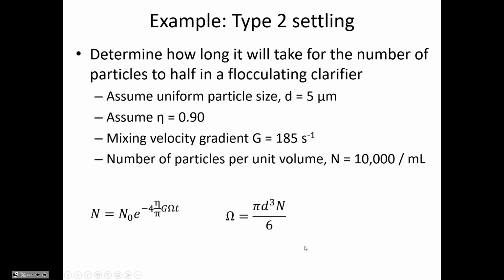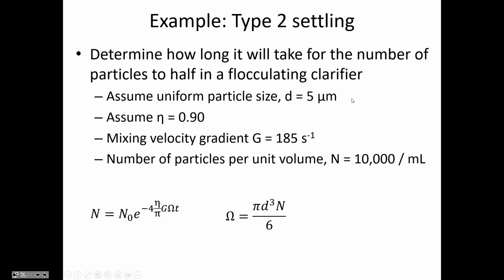Okay. So pi d cubed n divided by 6, and we're going to use the initial number of particles per unit volume here.